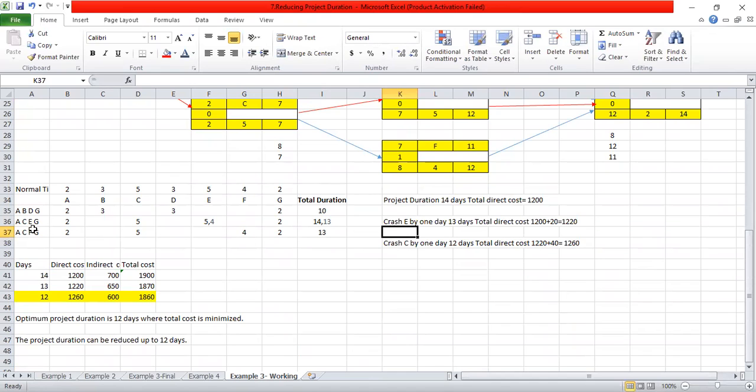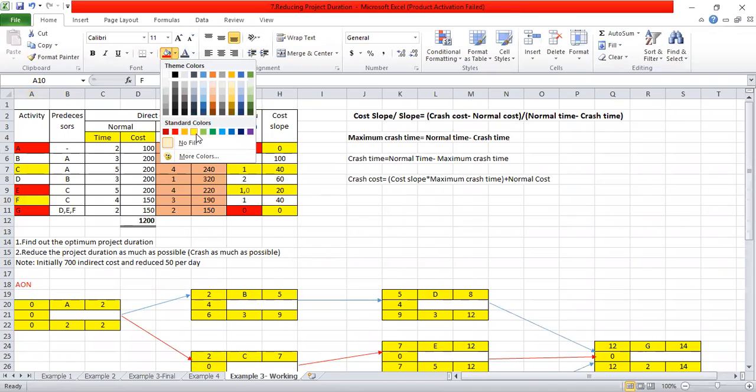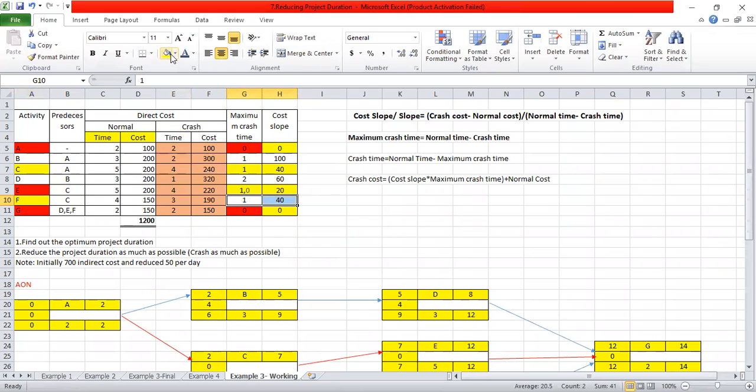Now we can see there are two critical paths, ACEG and ACFG. So the next path I have to highlight is ACFG. A, C, F, G. F is also now critical.